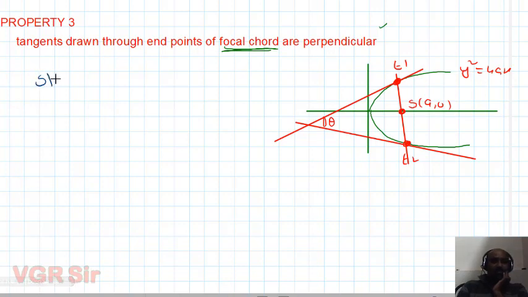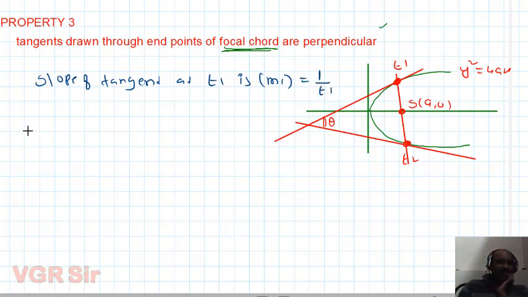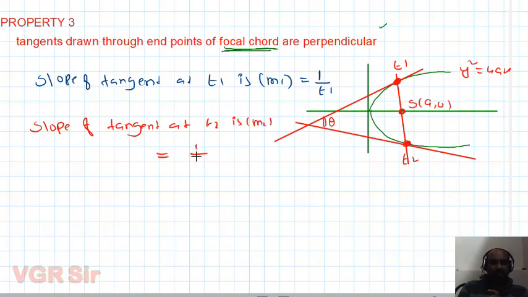So observe here students, the slope of tangent at T1 is, I can say, m1, that is 1 by t1 only. Next, the slope of tangent at t2, say m2, equals 1 by t2 obviously.